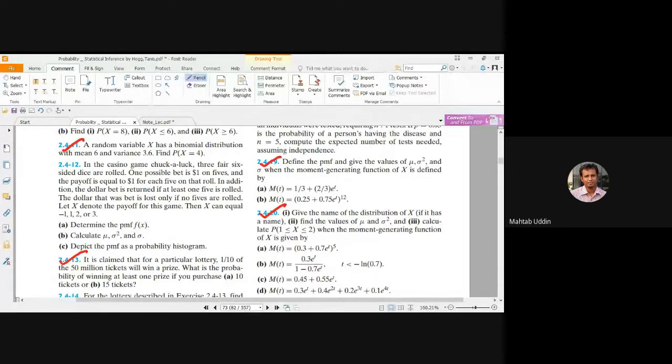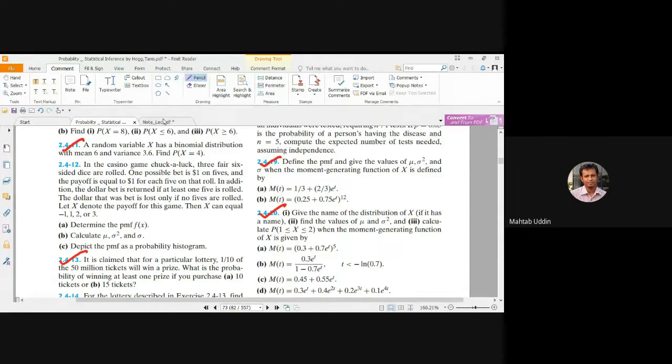Look at this. They said a random variable x has a binomial distribution. Fine. They've given two quantities, one is mean, another is variance. Nothing else. And they asked to find P of x equal to 4. That is, from mean and variance, we have to find n, p, and q, and finally use them to find P of x equal to 4.